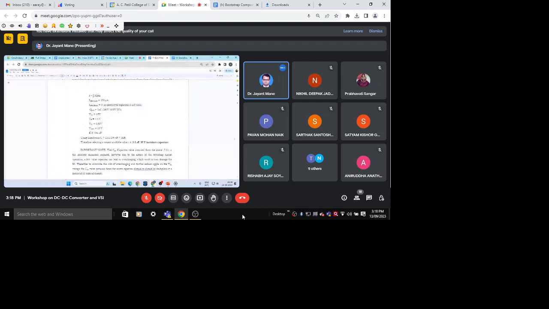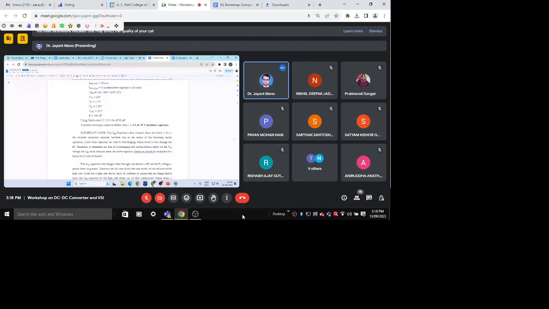In any condition the rule is used. Selecting near 3 microfarad, 3.3 microfarad.